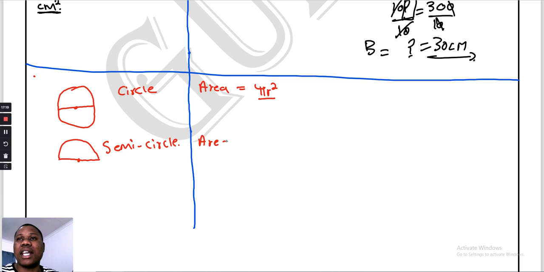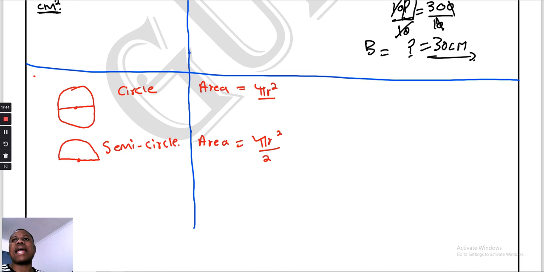We can say the area is equal to pi r squared divided by 2, because this formula calculates the area of a full circle, and here we need the area of a semicircle, meaning that we divide that by 2 so that we get half of that circle.